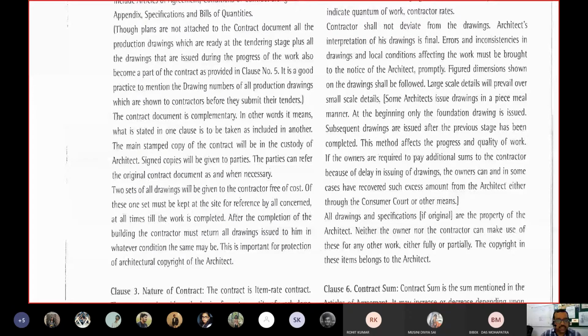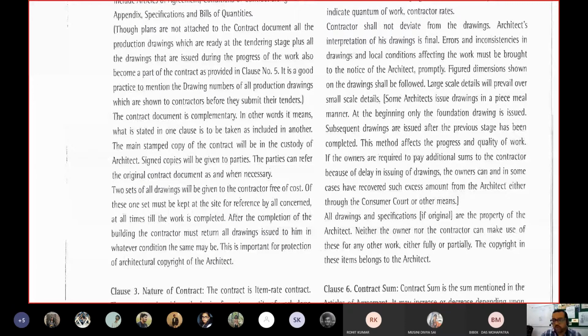Here the architect, on behalf of the client, is helping in the signing of the agreement between the contractor and the client. Now the client doesn't supervise the work of the contractor. The architect supervises, hence the original copy is generally kept by the architect if not the client.